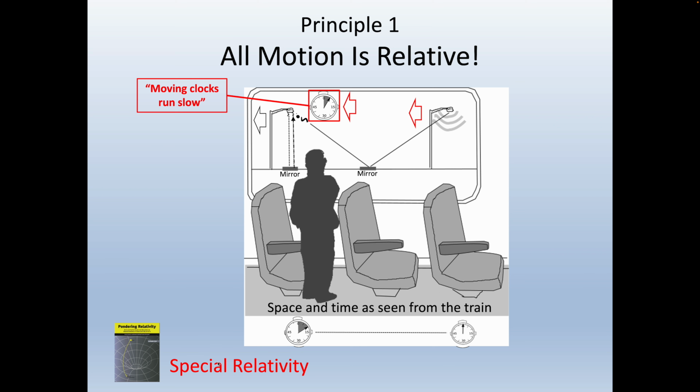So in this case, light appears to take a longer path as seen from the now stationary train car as compared to how it is experienced on the ground. And again, in this situation, it is the clocks or time on the ground, as seen from the train car, that moves more slowly. Moving clocks run slow.